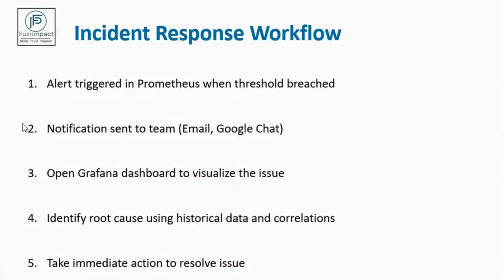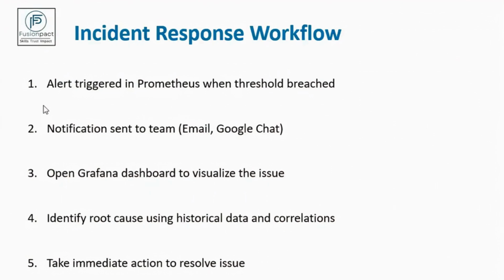So how does resolving work with the alert system in Prometheus and Grafana? We set up alerts in Prometheus. Whenever an alert is triggered, the notification is sent to the team; in our case we have email and Google Chat as notification contact points. After we get the notification, we open the Grafana dashboard and visualize on which dashboard and which server we have the error.